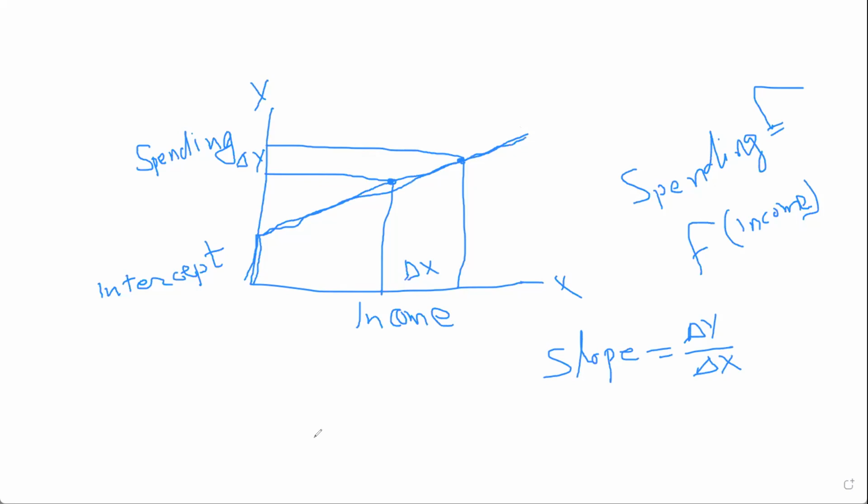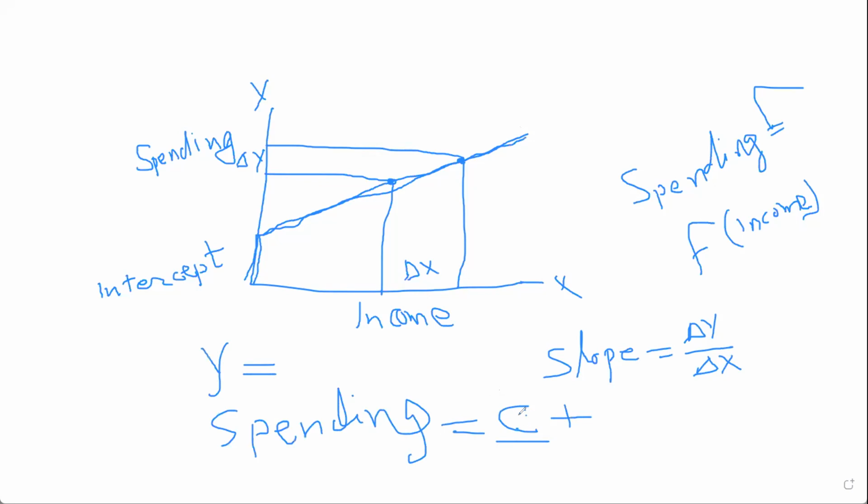So what is the equation of this line? We know from our childhood that a straight line equation is y equals a plus bx. Simply, spending equals a constant, which is called the intercept, plus slope times income.